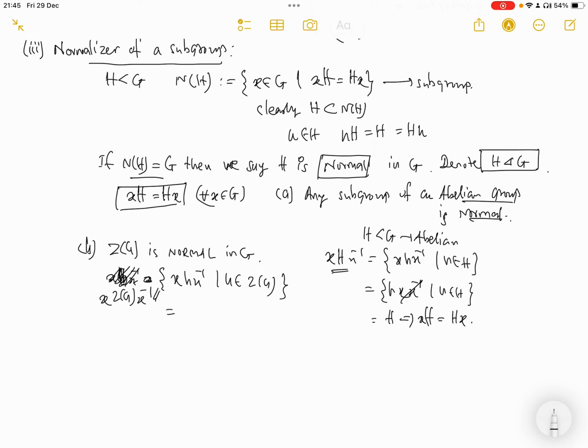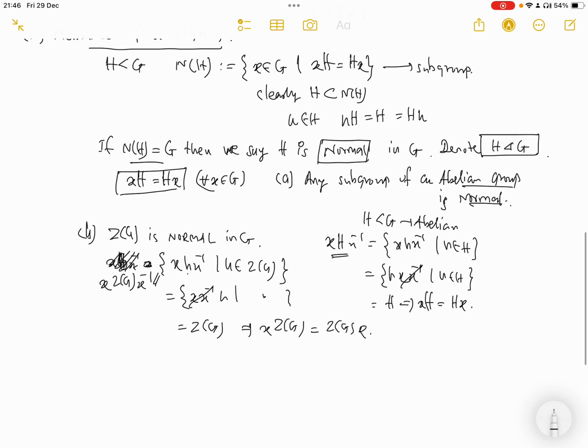Because H is in the center, it commutes with all the elements of the group G, which means you can write it as x inverse H. Again, cancel them, you get ZG. So again we get that any two right or left cosets are the same.